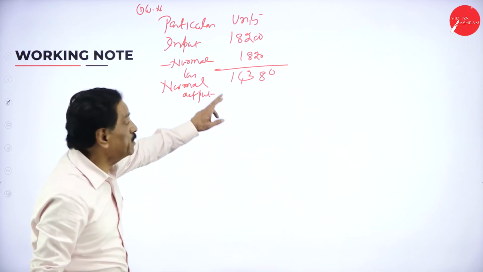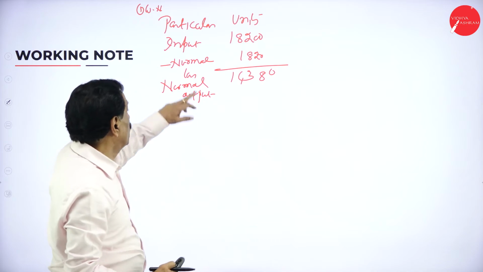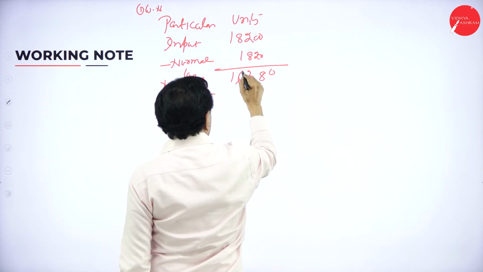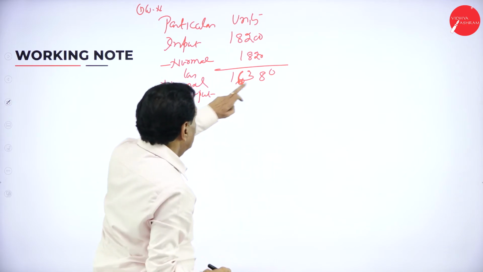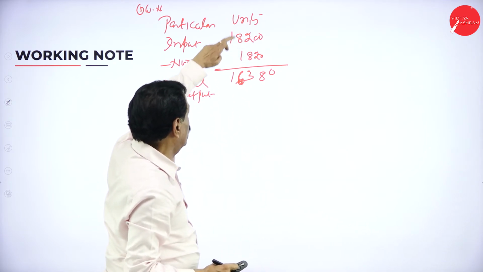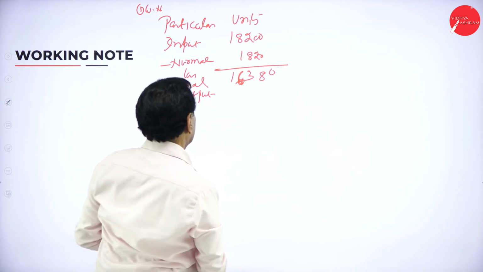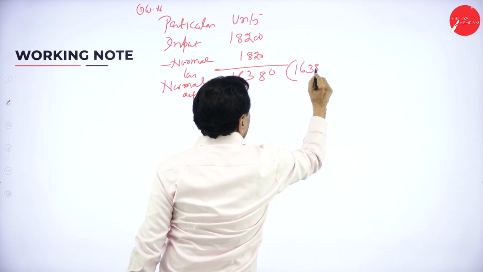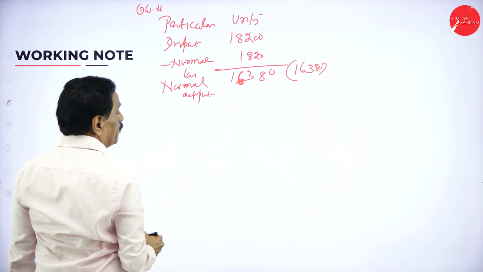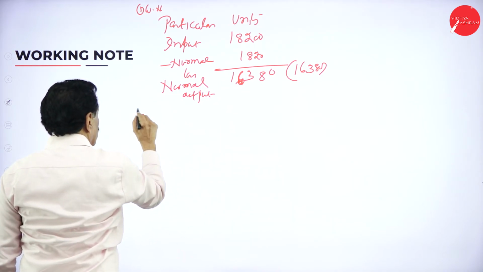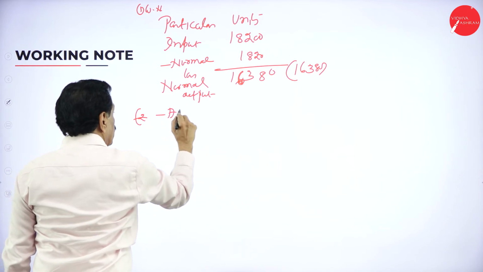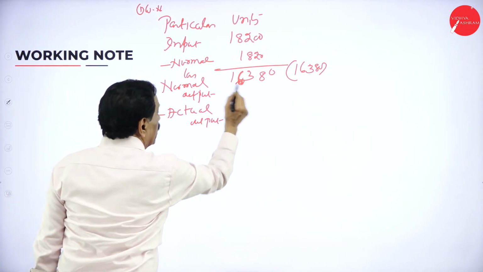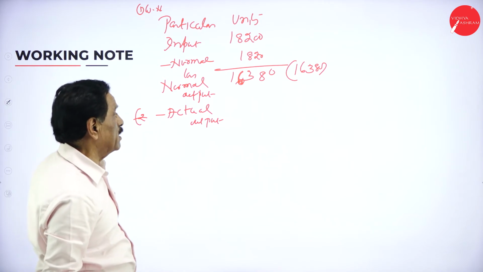Your input is 18,200 minus normal loss 1,820, that is 16,380. This is normal output, working note number 2, minus actual output. So your standard output is 16,380.